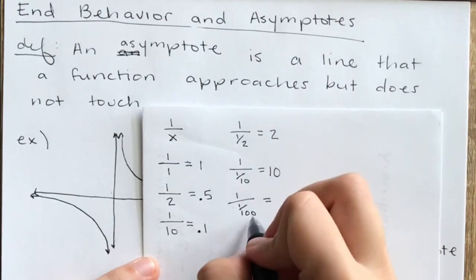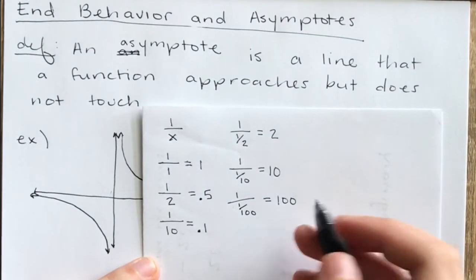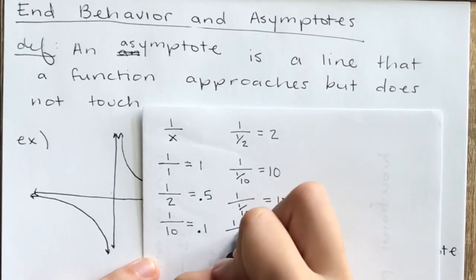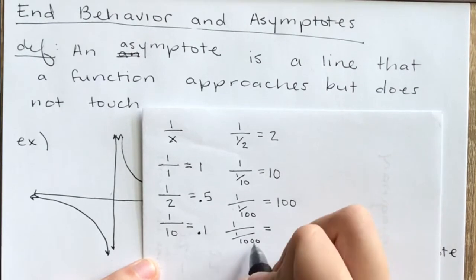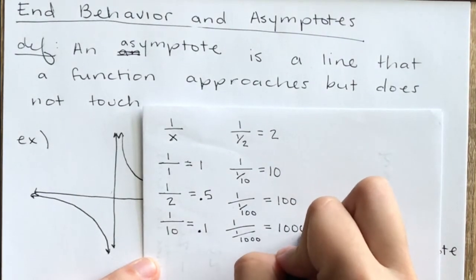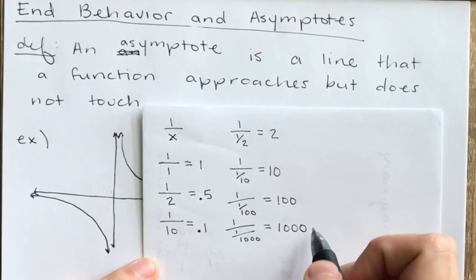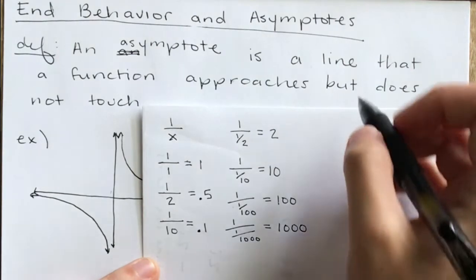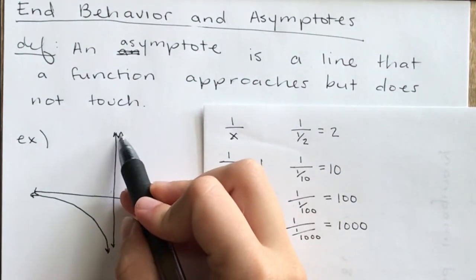All of a sudden, we can fit 100 in there, right? As we get closer to 0 with what we put in underneath, as our fraction gets really small, our output gets really big, right? So as I get closer and closer to 0, I'm getting larger.